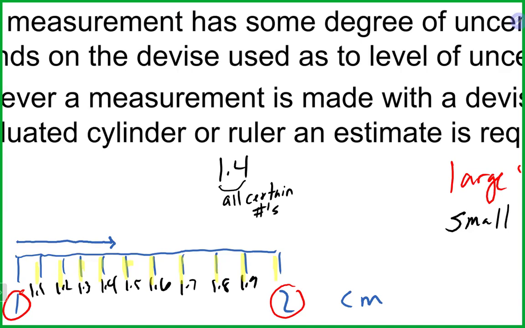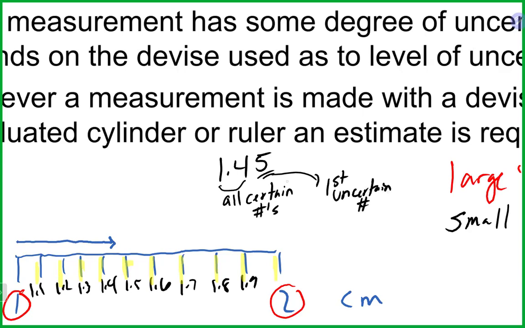For example, I may look at it and feel it's almost perfectly in the middle of those two markings, so I would record that as a 5. Somebody else may think it's a little closer to the 1.4, maybe a 3, or closer to the 1.5, maybe a 6. And this is what is referred to as the first uncertain number.